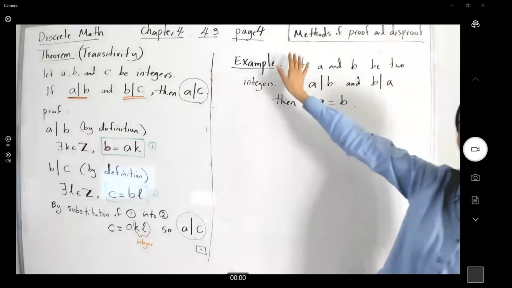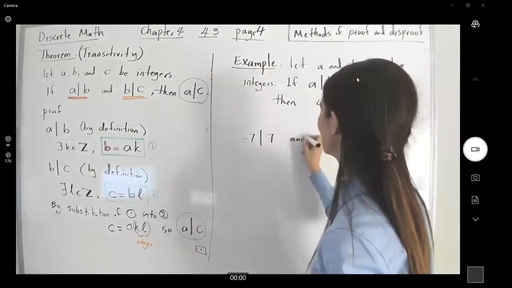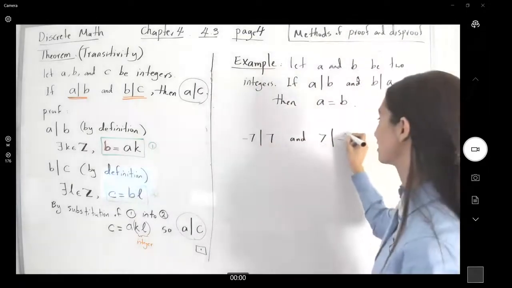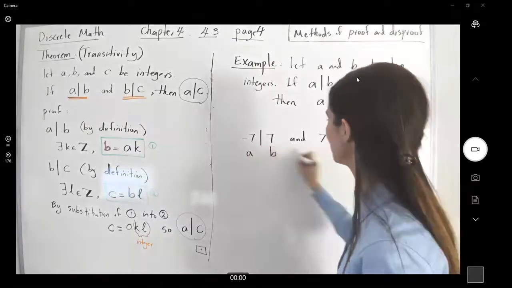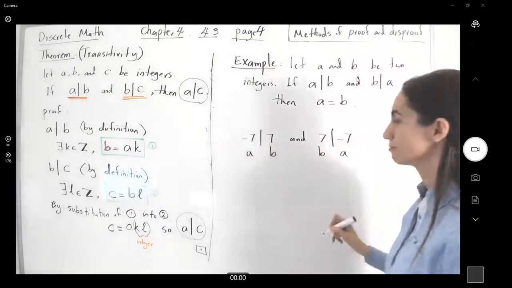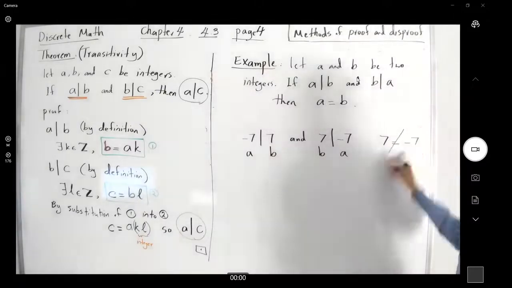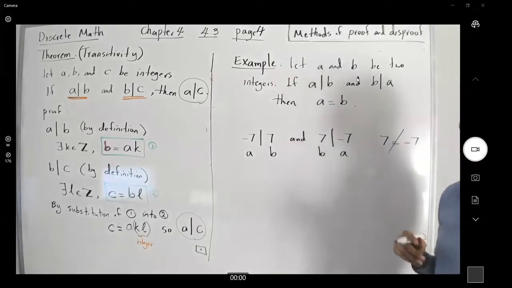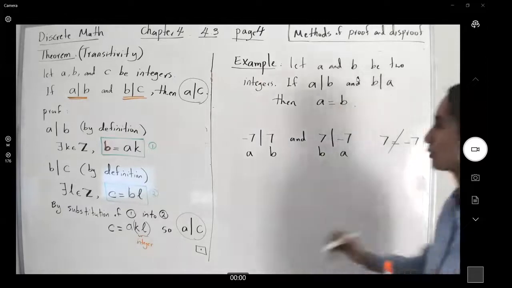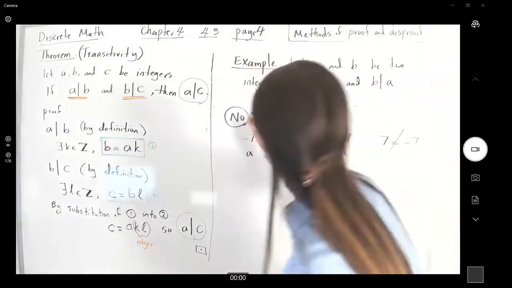I said -7 divides 7, and also 7 divides -7. A divides B, B divides A. Are they equal to each other? Of course not. So for this universal statement, we can write a counterexample. So the answer is no.